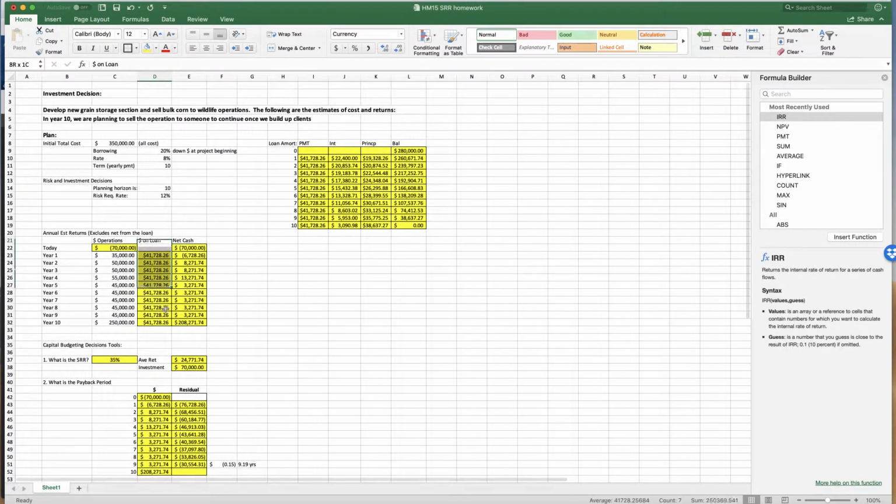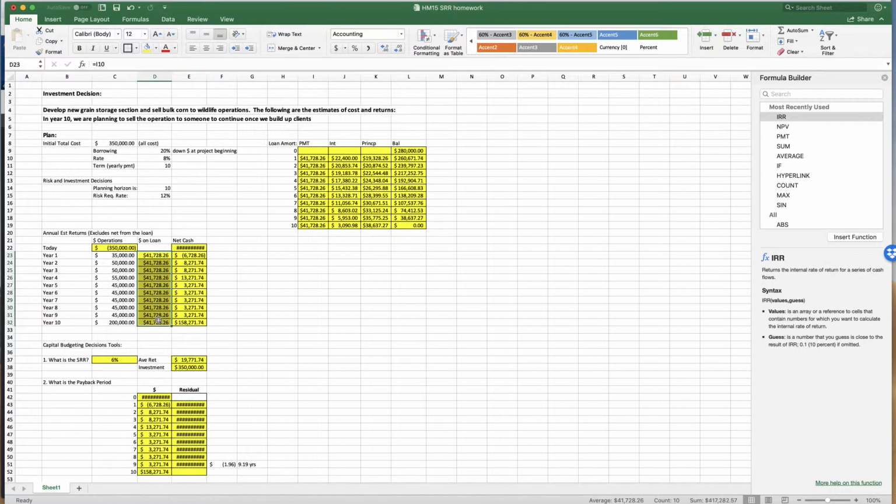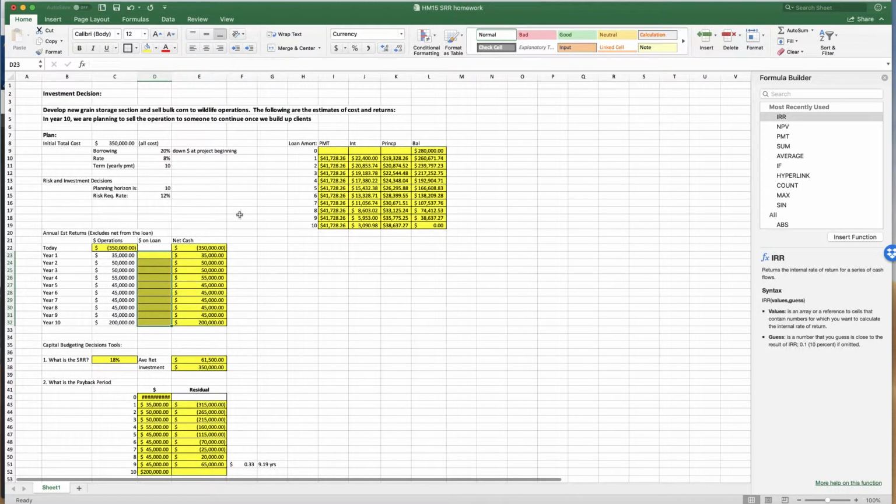You could get rid of the loan and you could pay all the money up front. What does that look like? In fact, let's take a look at that. Let me go back and say that I'm back at 200,000. Let's go to that negative 350,000 up front. Let's just ignore the loan by getting rid of those. And so that is what you're getting up front.